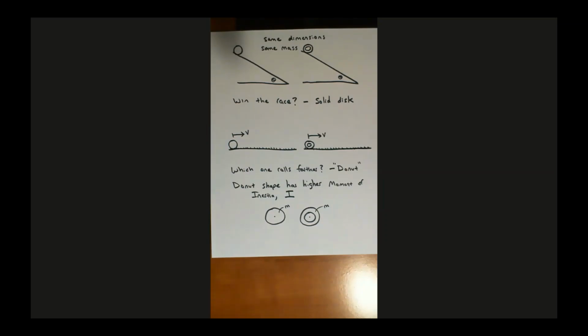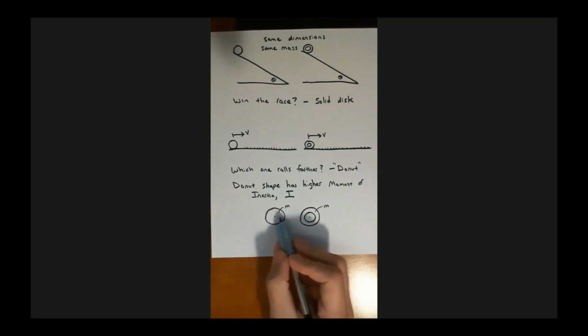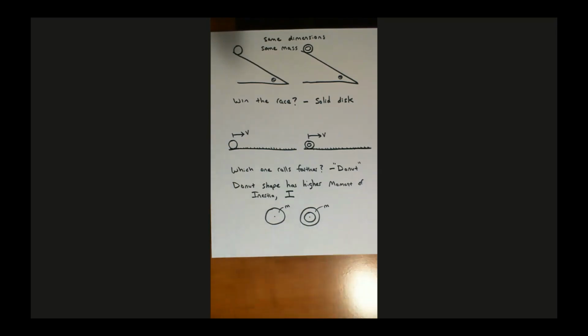So the more mass that we can get farther away from the axis of rotation, the higher the moment of inertia, and the more energy we can store per unit of mass. For a given unit of mass, we'd like to get it farther away. Obviously, we can't have this truly hollow.